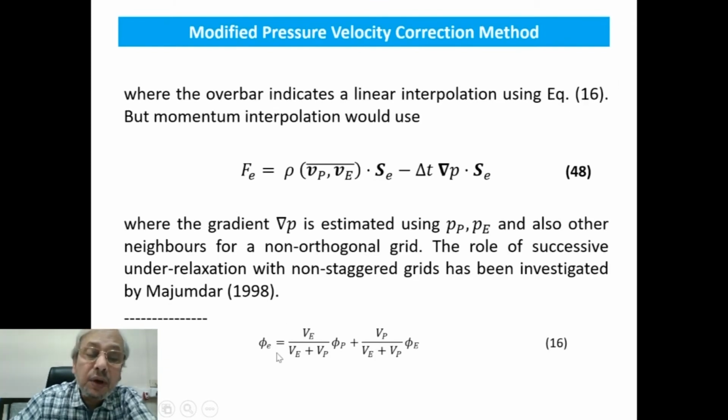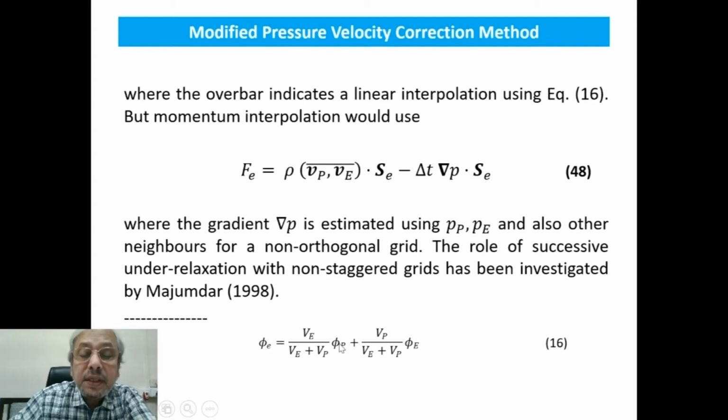And what was it? If we recall, at the eastern face center the quantity phi will be the volume of the eastern neighbor, divided by the volume of the eastern neighbor plus the volume of the cell of interest, into phi P at the center of cell P, plus the volume of cell P divided by the total volume, into phi E. So this was a linear interpolation: phi E into this factor, phi P into this factor.